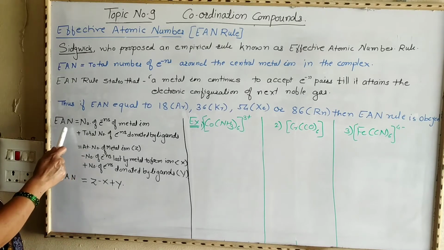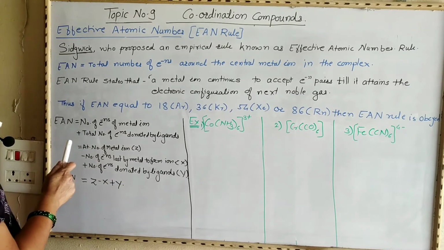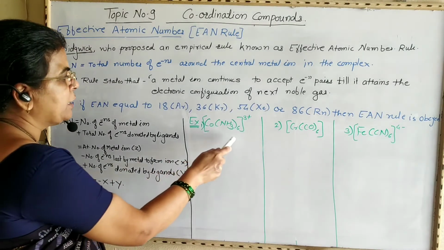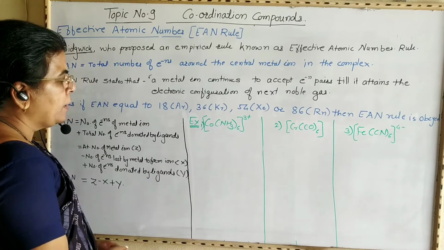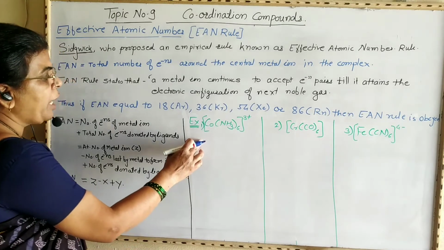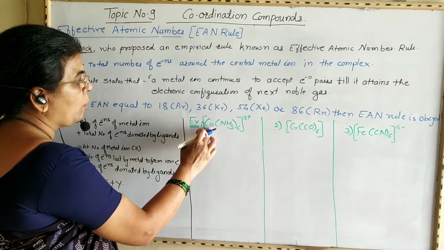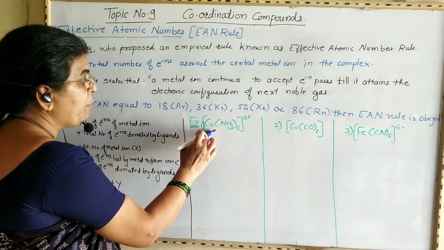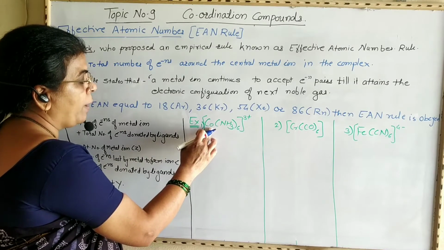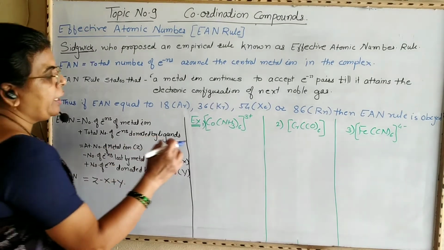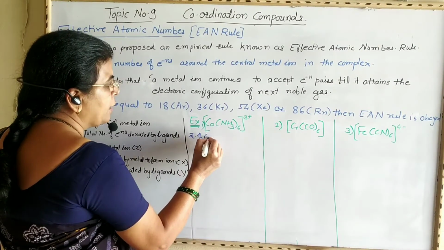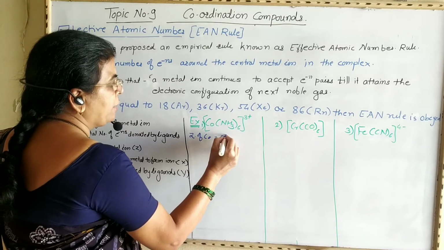Now we are going to calculate the EAN value of some complexes. First example, Co(NH3)6 3+. In this example, first we have to calculate the oxidation state of the central metal ion, and we must know the atomic number of this cobalt. Here the atomic number of cobalt, that is Z of cobalt, is equal to 27.